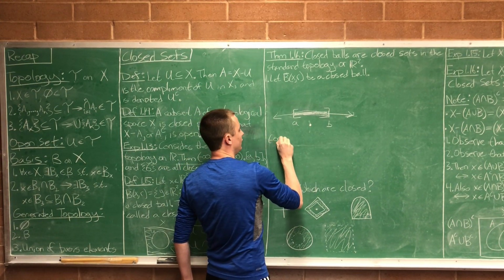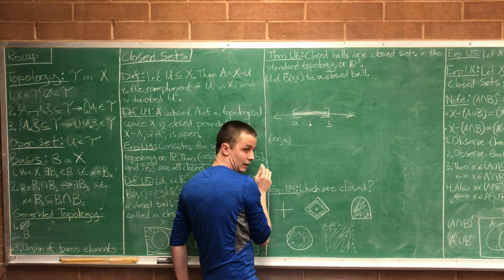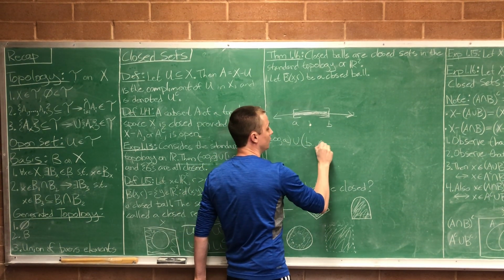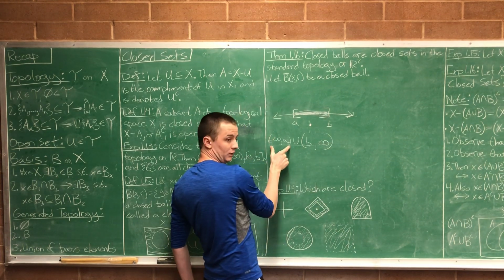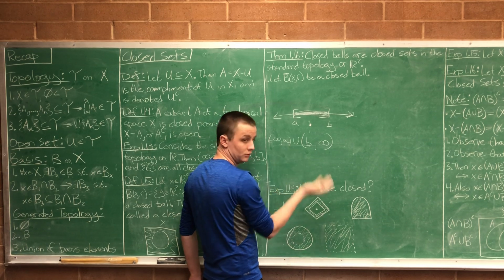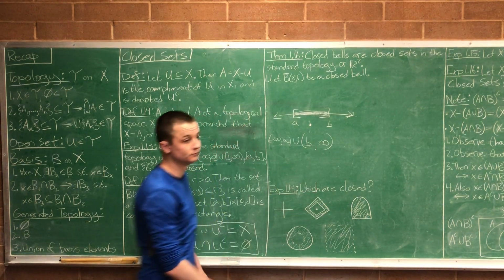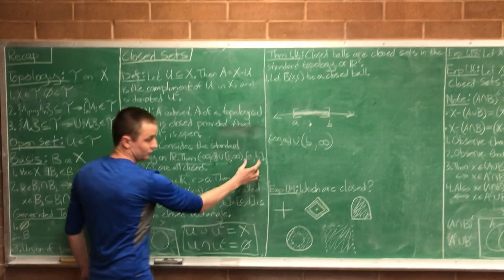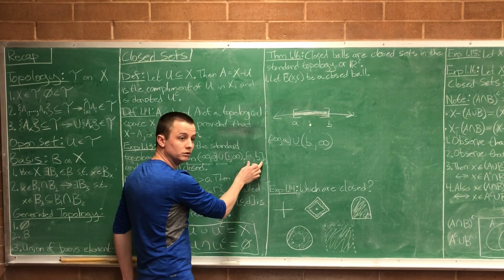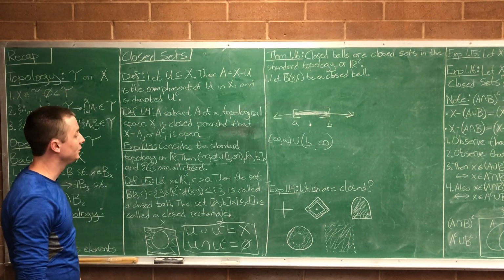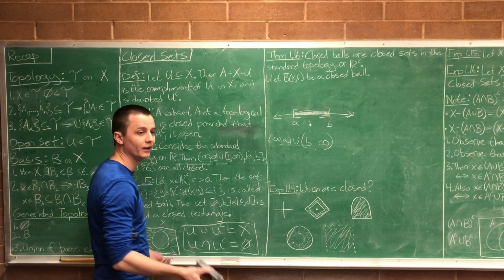It's negative infinity to a, not including a, unioned with b to infinity, not including b. A union of open intervals is open. So yes, the closed interval [a, b] is a closed set in the standard topology.